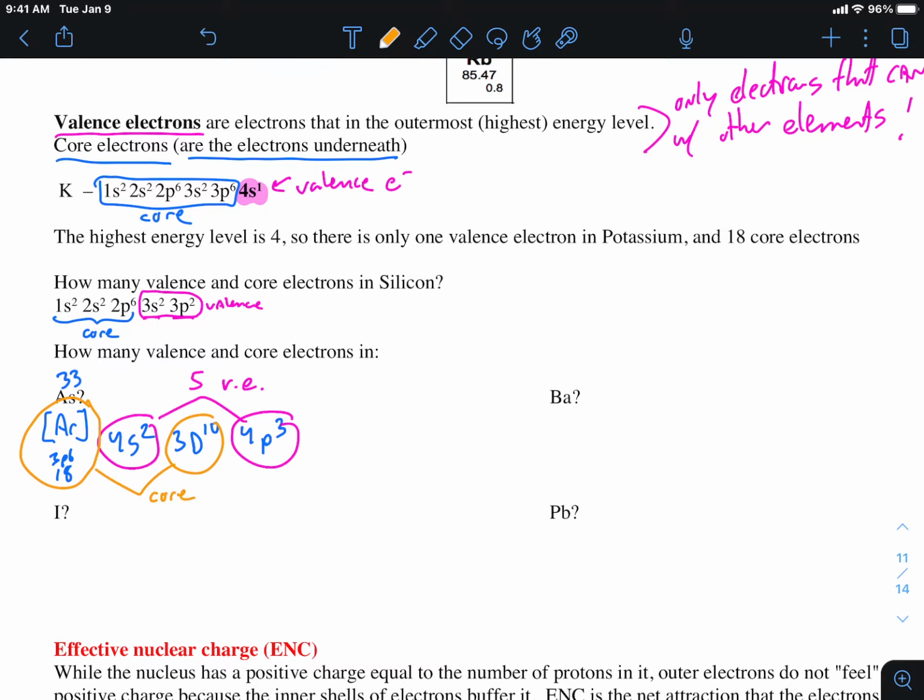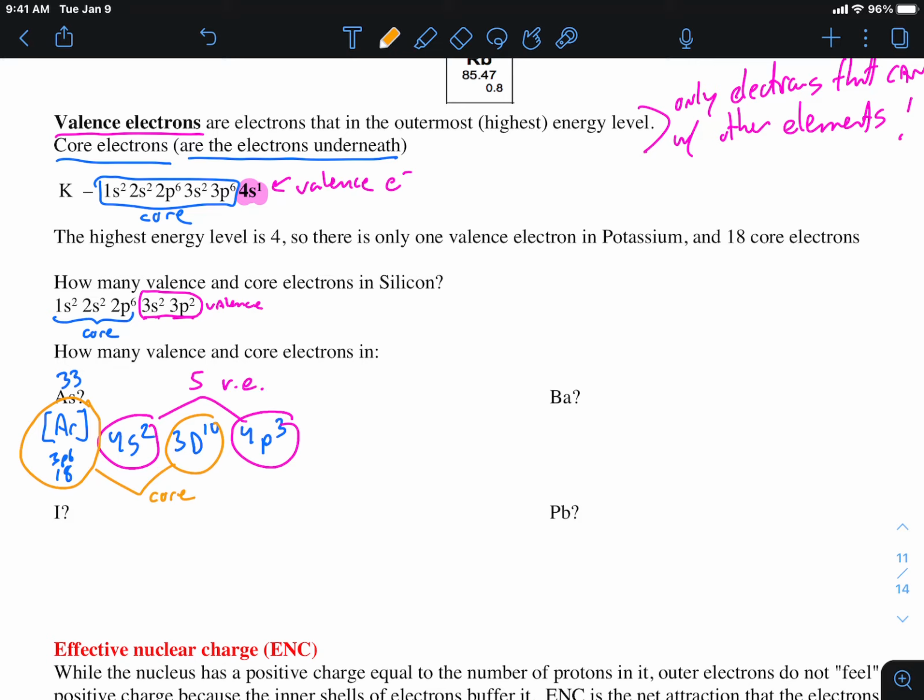So how many core electrons are there in arsenic? 28. There are 28 because you have the argon plus the D. So 18 plus 10, 28.